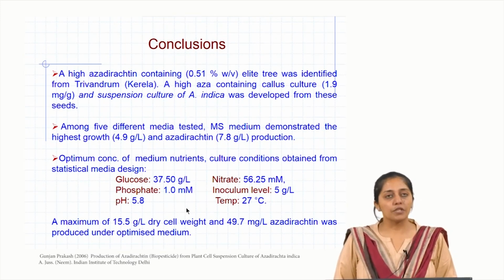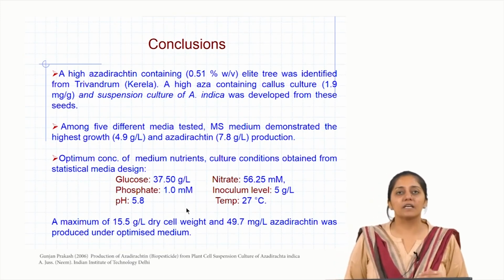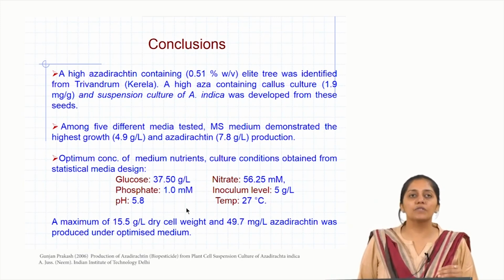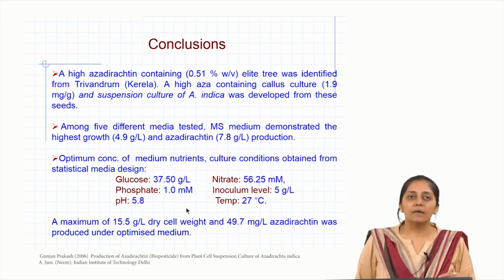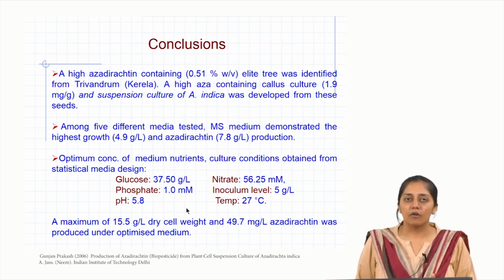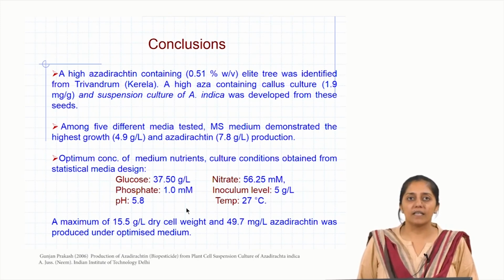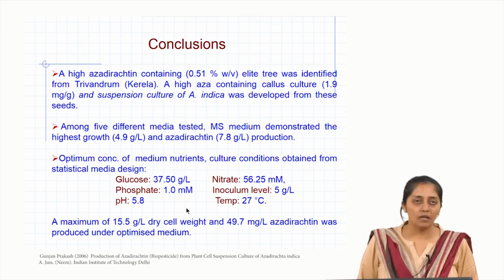Then the optimum concentration of the medium nutrients and culture conditions was obtained using statistical design of experiments, which minimizes the number of hit and trial. After this they were able to achieve 15 grams per liter of biomass and nearly 50 mg per liter of azadirachtin under optimum conditions in shake flask.